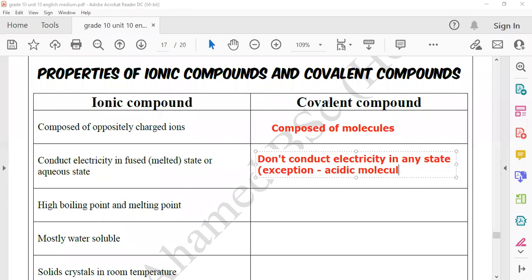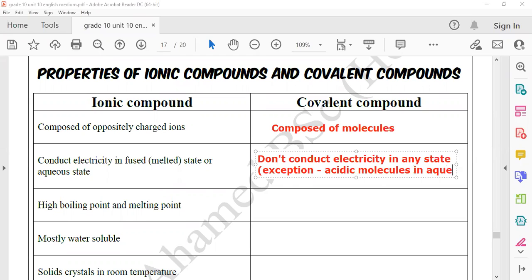Here the exception is acidic molecules. Now take acids. Acids are covalent compounds. So can a covalent compound conduct electricity? No, sir.